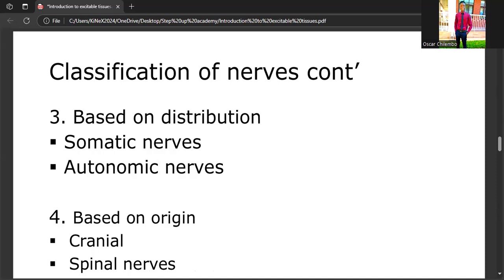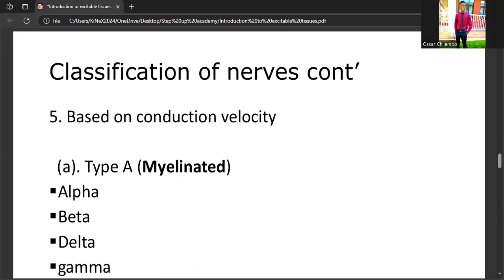Then based on origin, origin is just about where this nerve is coming from. The nerve can originate from the brain, and we call those the cranial nerves. Then those originating from the spinal cord, we call spinal nerves. Okay. It's as simple as this. Then we also have classification based on conduction velocity, which is about how slowly or quickly a nerve is able to conduct an electrical impulse or action potential.